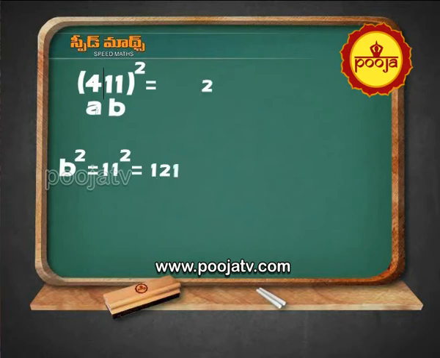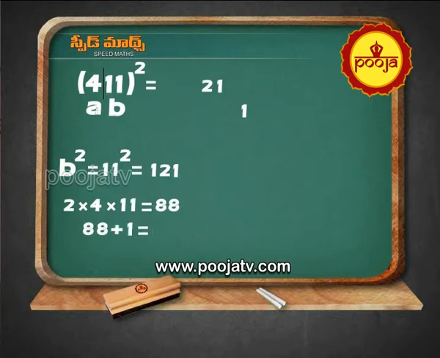21 here, 1 outside. 2 into 4 into 11 equals to 88. 88 plus 1 equals to 89. 89 here. 4 into 4 equals to 16. 16 here.